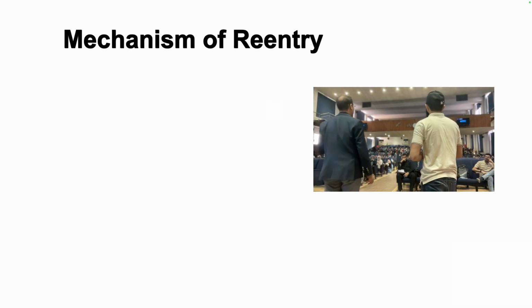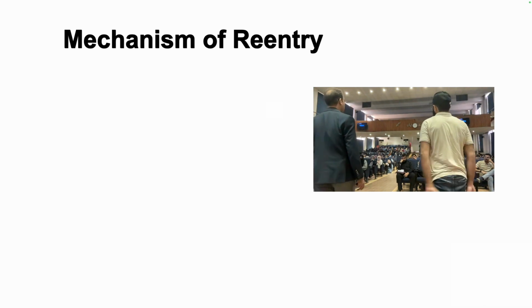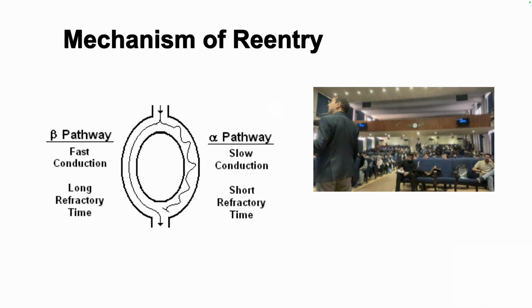If the heart has abnormalities and there is an additional conduction pathway, one pathway may be a fast pathway, the other may be a slow pathway. Beta pathway: fast conduction, long refractory period. Slow conduction, short refractory period. What happens next? The fast conduction pathway has a longer refractory period, and the slower conduction pathway has a shorter one.